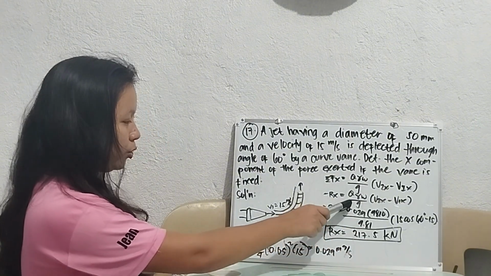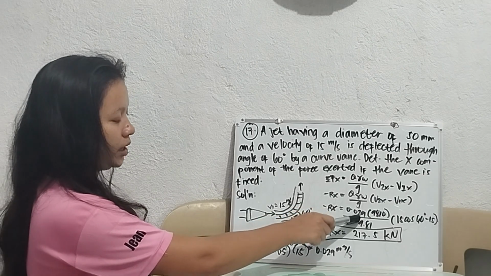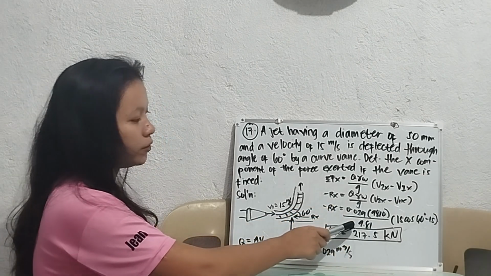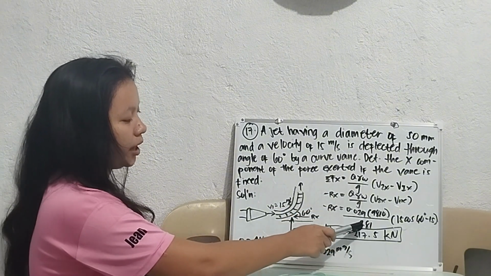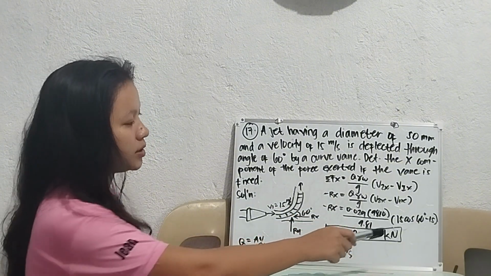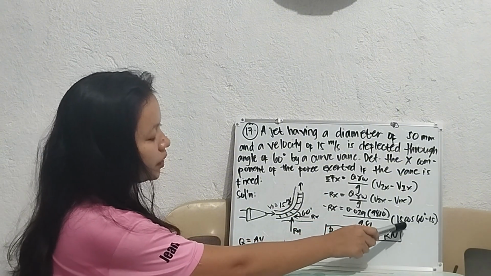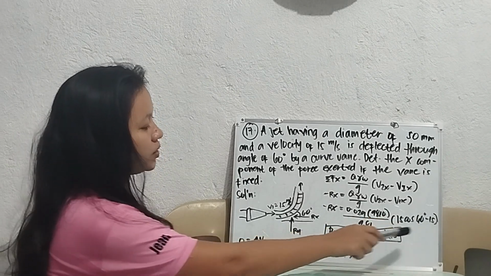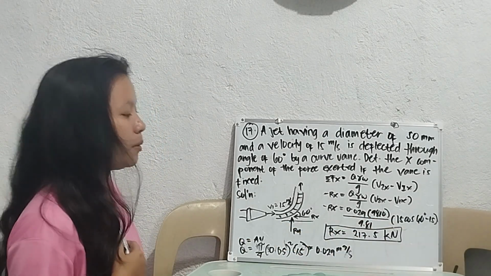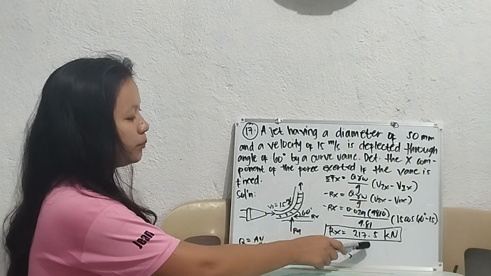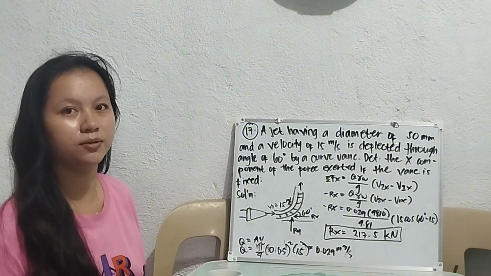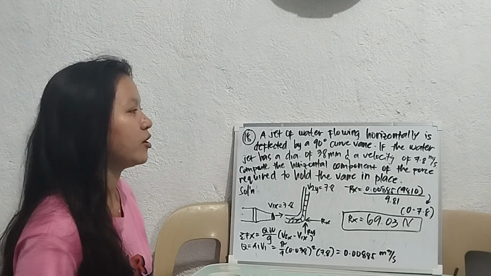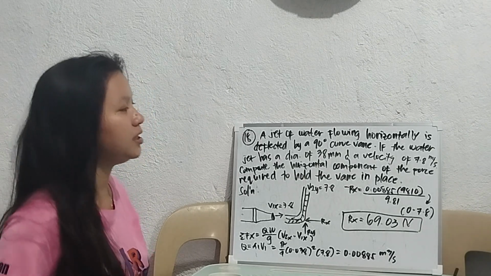We have Q, which is 0.029, and the unit weight of water is 9,810, all over the gravity 9.81, times 15 sine 60 degrees minus 15. We come up with the answer, 217.5 kilonewton.